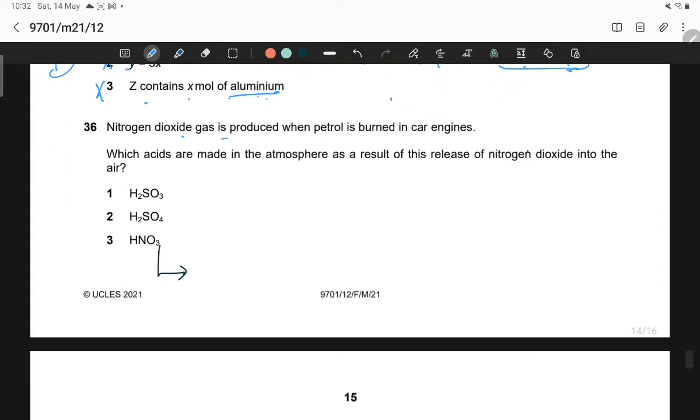Nitrogen dioxide gas is produced when petrol is burned in car engines. Which acids are made in the atmosphere as a result of this release of nitrogen dioxide into the air?